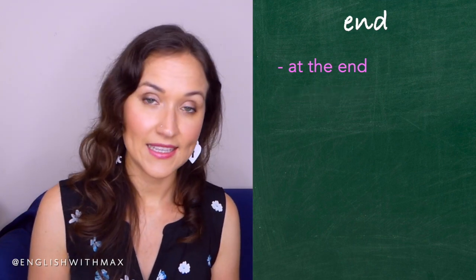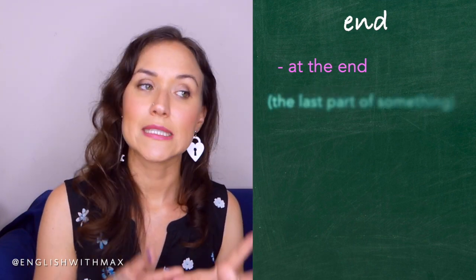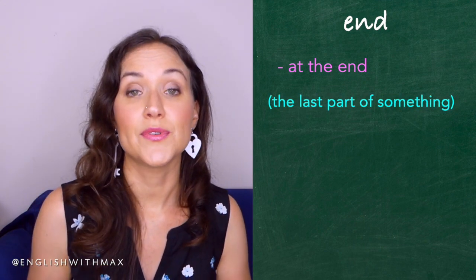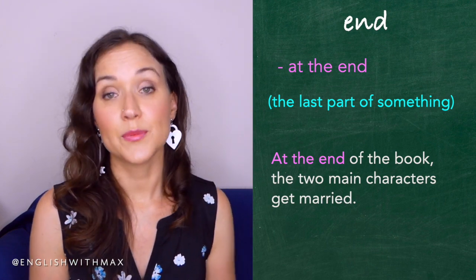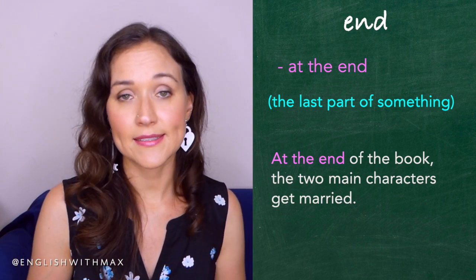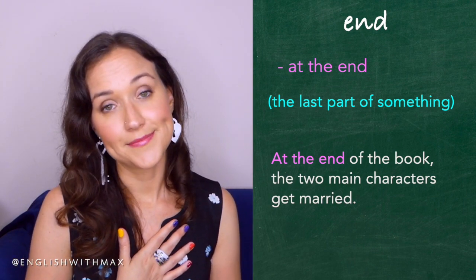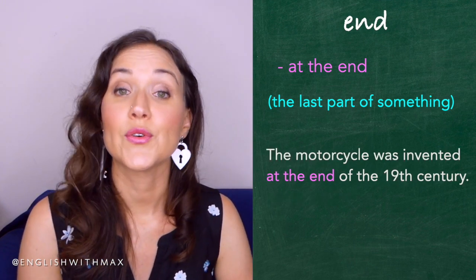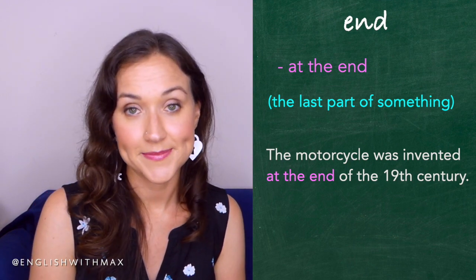We use at the end to talk about the last part of something. For example, at the end of the book, the two main characters get married. The motorcycle was invented at the end of the 19th century.